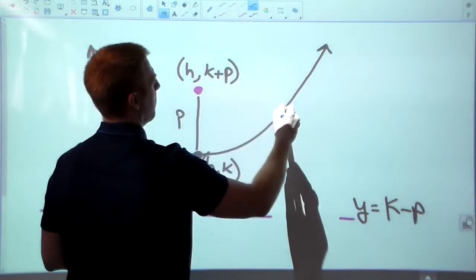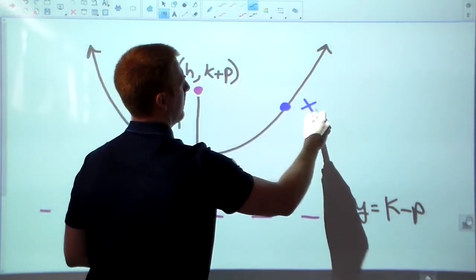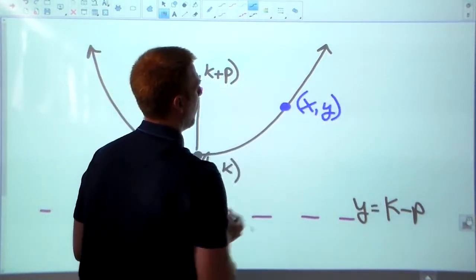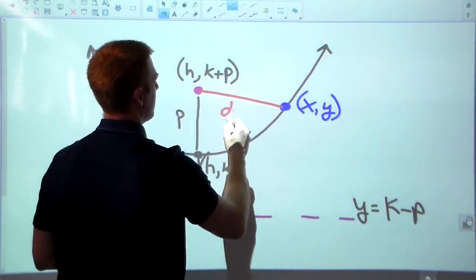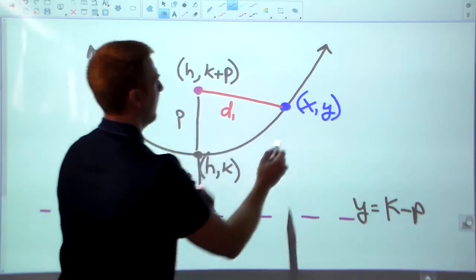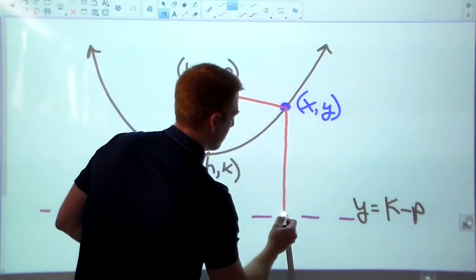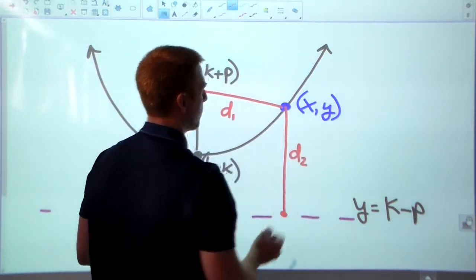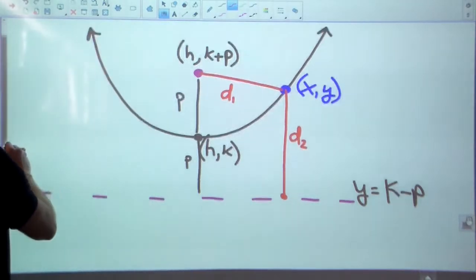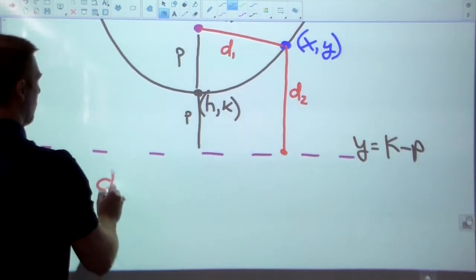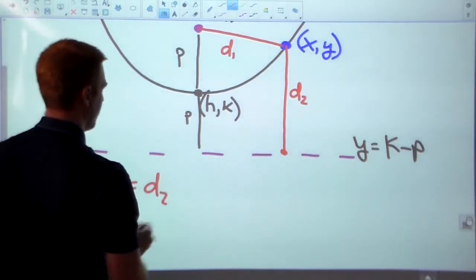All right, let's put a point on the parabola. So some x, y coordinate, and whatever this distance is to the focus from that point would be the same distance to the directrix below. So that's where we're going to begin deriving this thing. D1 is equal to D2.